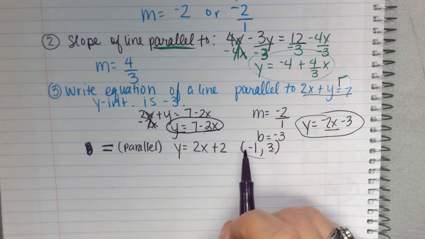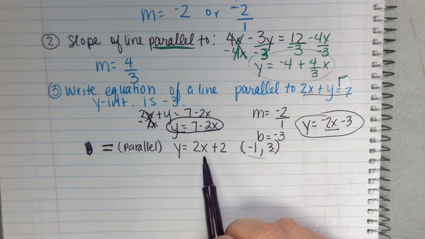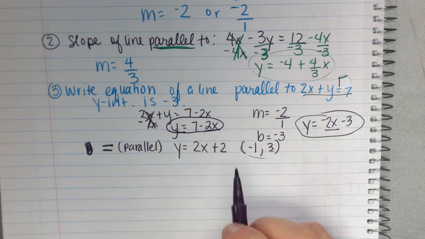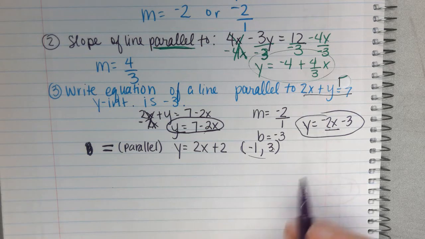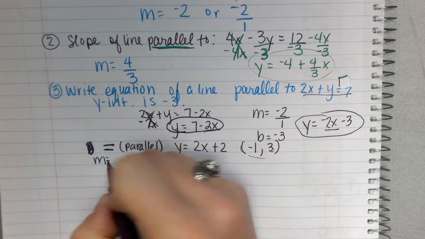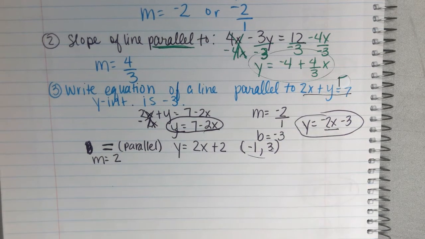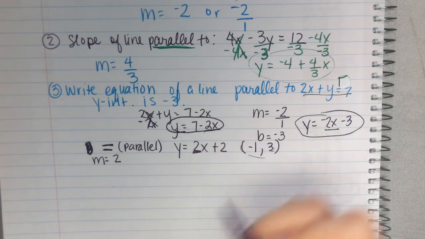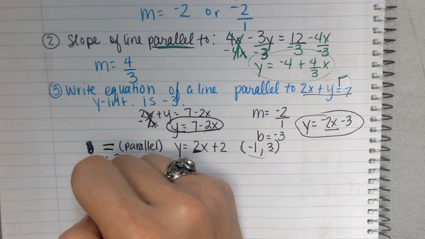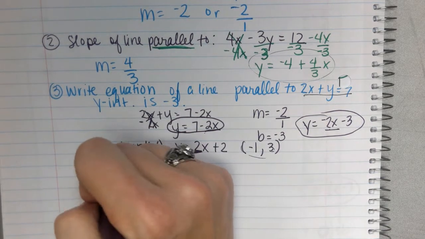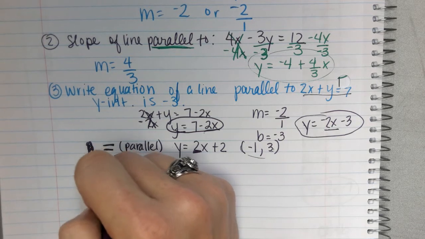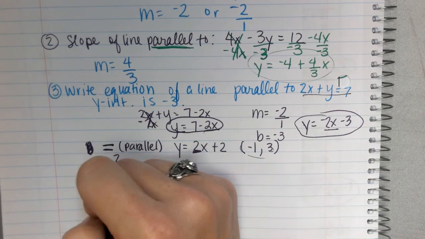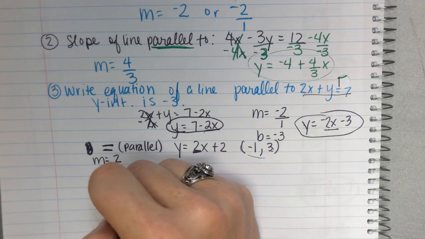So we know the m. The m is 2. We already know our slope because it's right here, 2x. So now we need to find our b. Our x is -1, and our y is 3.